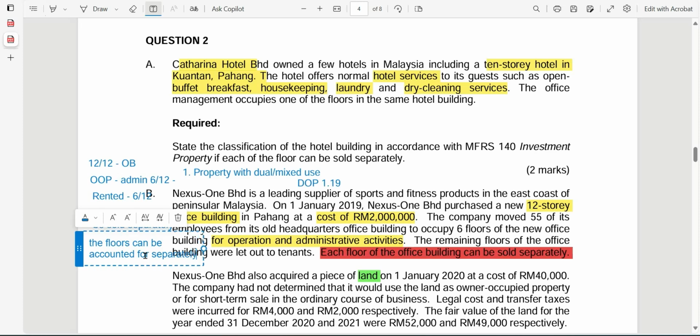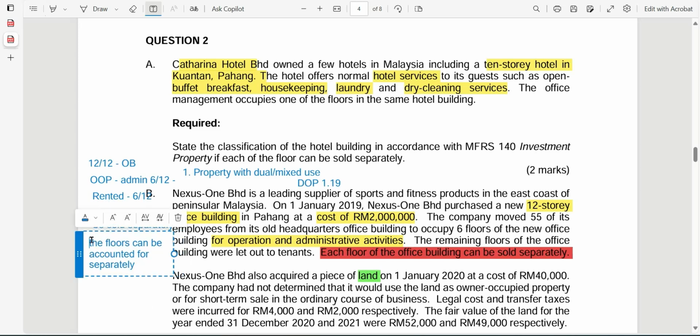So what are you going to write? You are going to inform that the 6 out of 12 that was held for admin is going to be accounted under PPE, and 6 over 12 held for rental will be accounted for as IP. So it will be accounted for separately. The reason is because the floors can be sold separately, which is number 2.